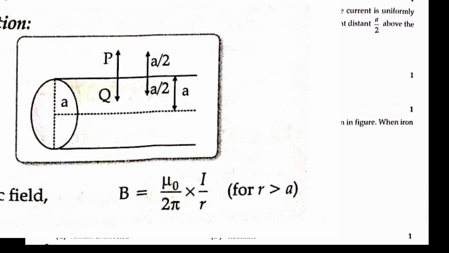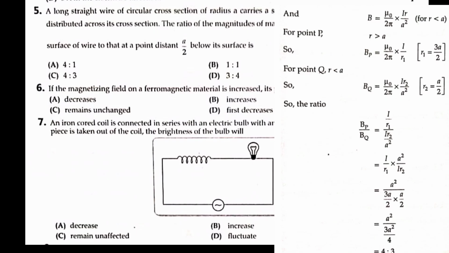For a long straight conductor, we know the equation for magnetic field is mu 0 by 2 pi into I by R. That is the equation for the magnetic field at point P. And at point Q, R will be less than A, so the equation will be mu 0 by 2 pi into I R by A square. That can also be calculated by using Ampere's circuital law. Here we can apply that, and we get the equation B is equal to mu 0 by 2 pi into I R by A square. That equation we have studied.